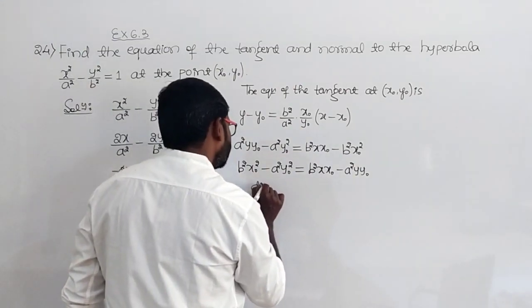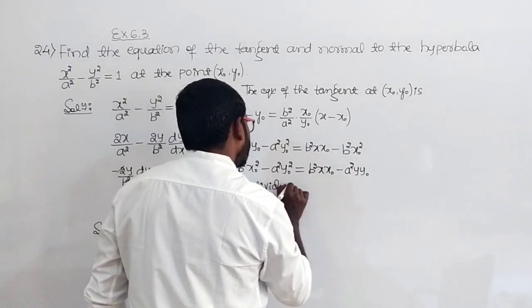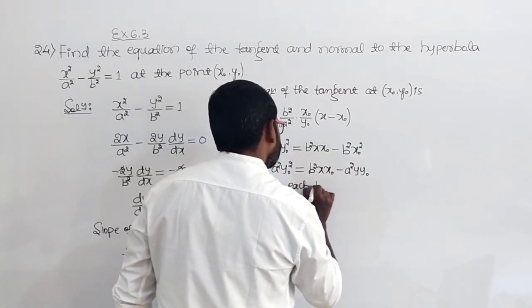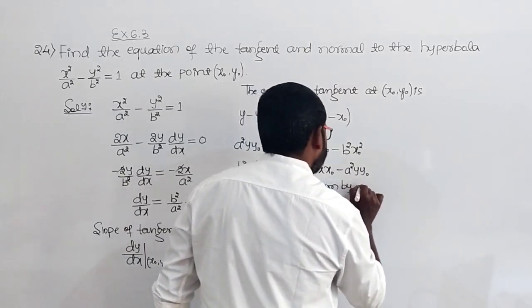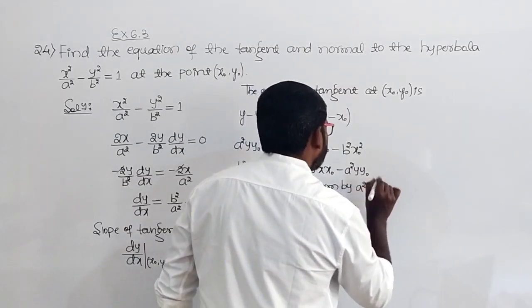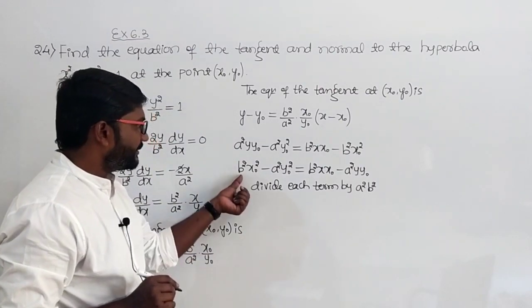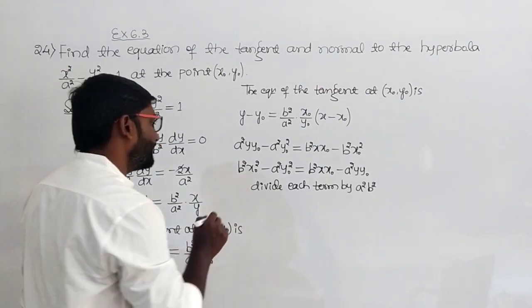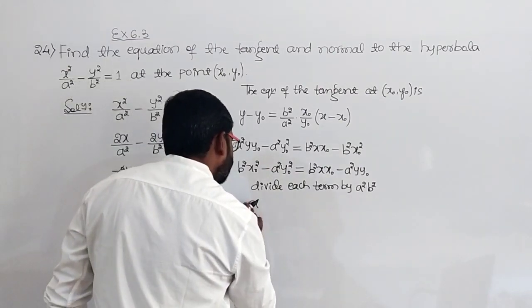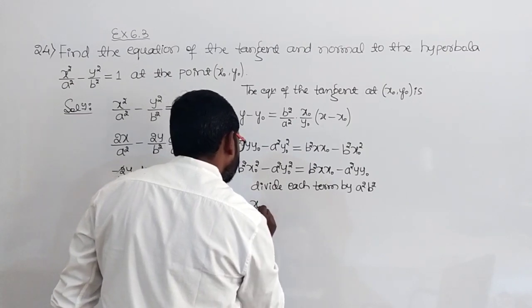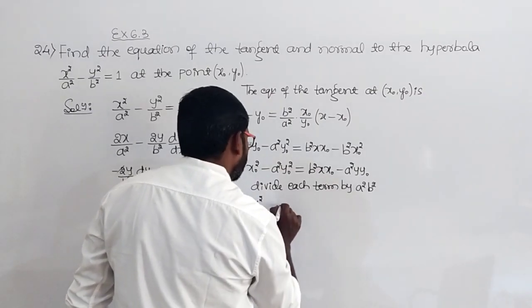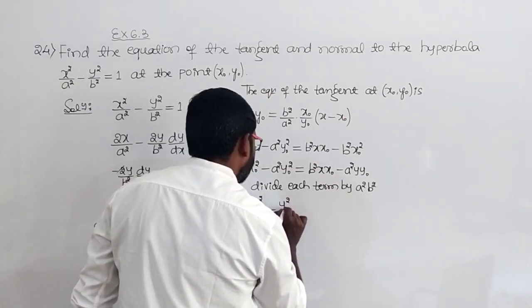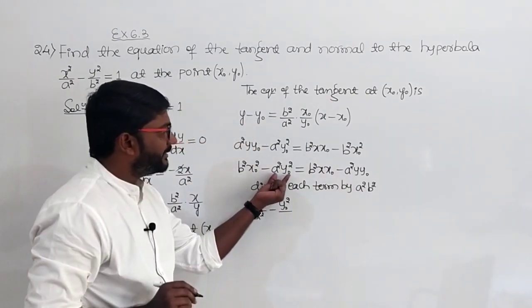Divide each term by a square b square. So b square and b square get cancelled, you get a square in the denominator. We get x naught square divided by a square, then minus y naught square divided by, so here you will be dividing by a square b square.